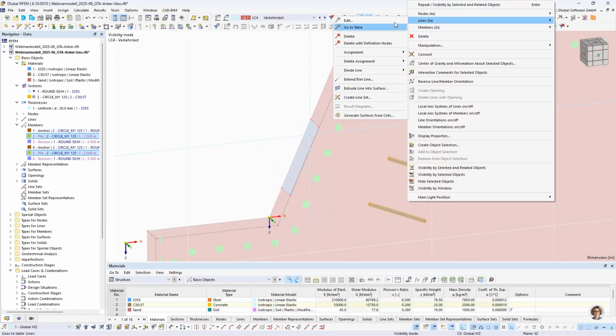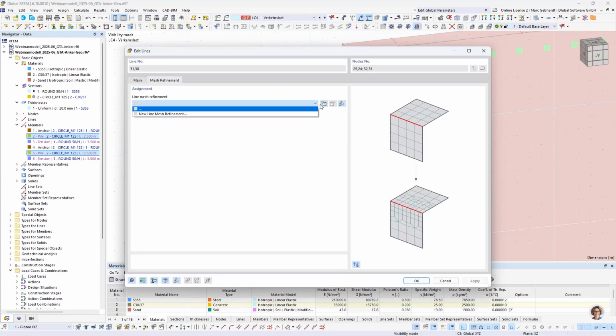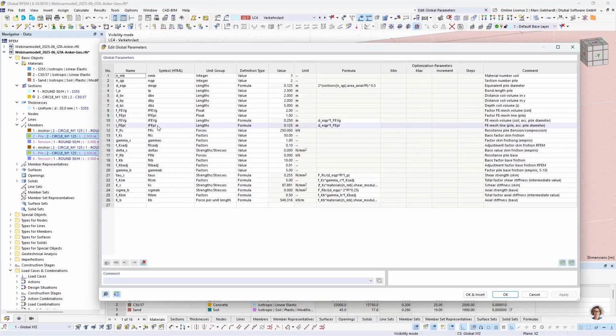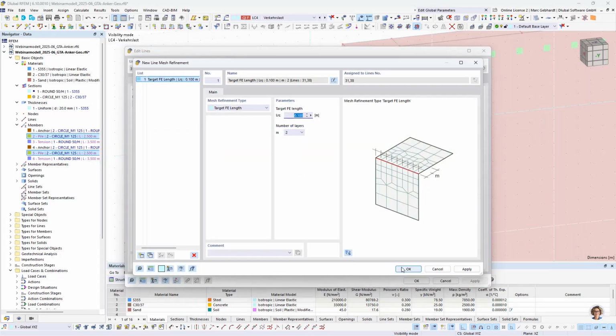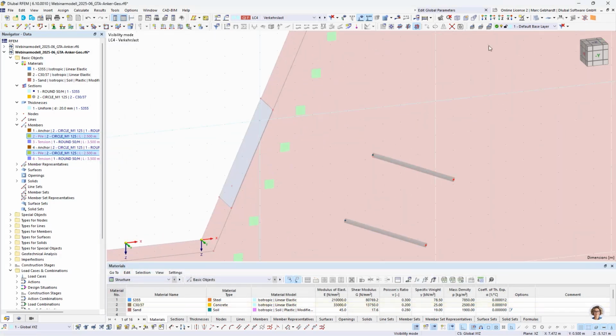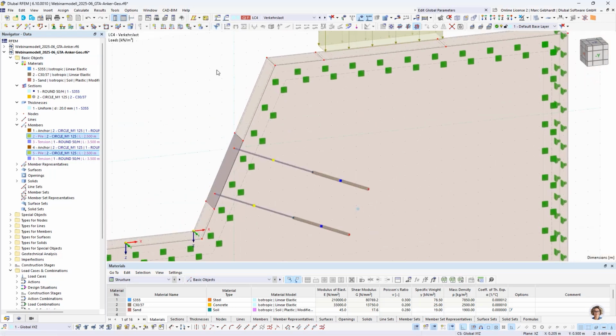Select the lines, edit them, and get them a mesh refinement. New one, target RFE length, global parameters, selecting this parameter, and now there is the mesh refinement. So next we want to go over to loads.